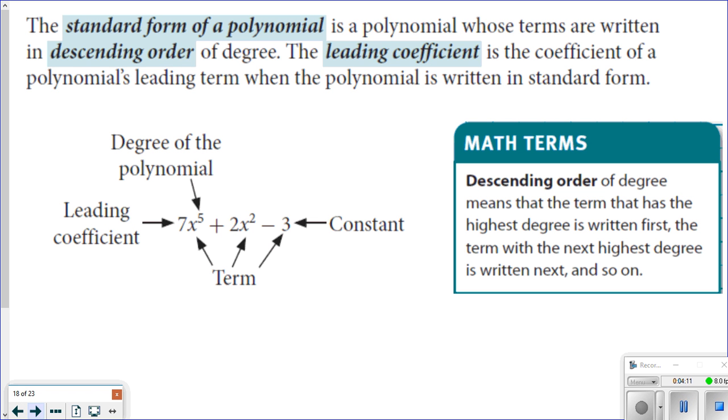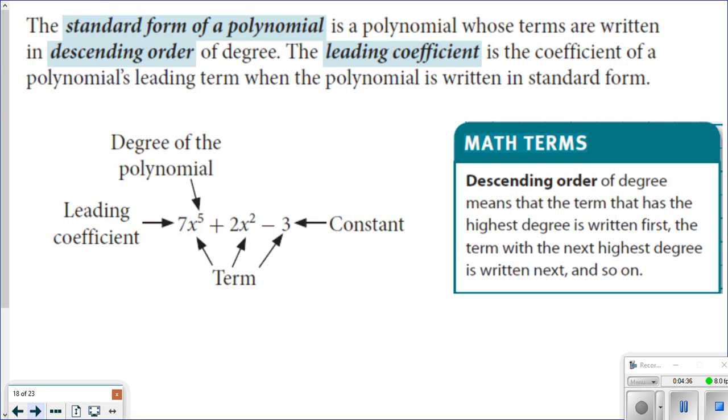All right, let's talk about standard form in your book. Standard form is when a polynomial is written in descending order of degree. So what that means is my exponents are listed in descending order.